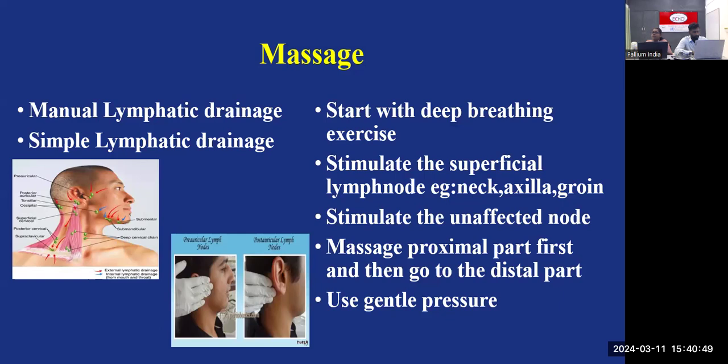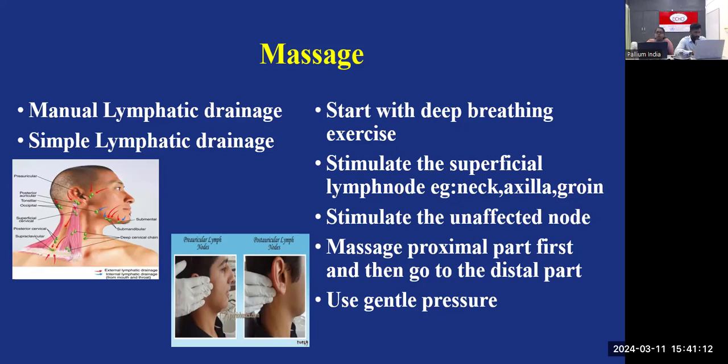Here, manual lymphatic drainage is done by trained professionals. It can be a doctor, a nurse, or a physiotherapist. You always have to start with a deep breathing exercise. As I mentioned earlier, there are 600 to 700 lymph nodes in our body.